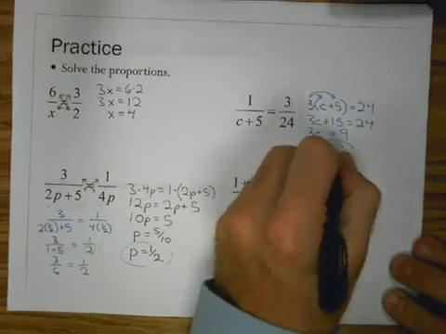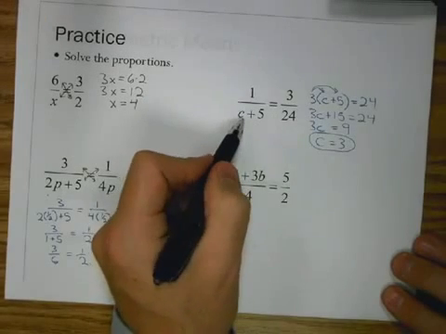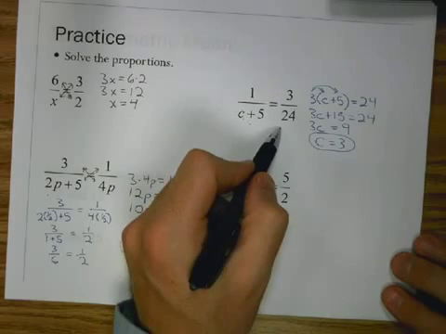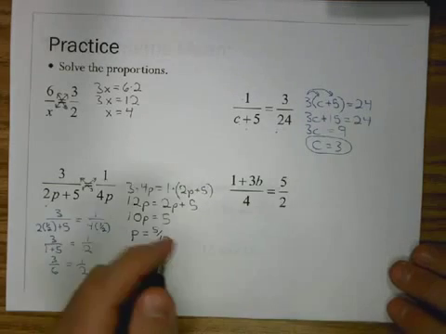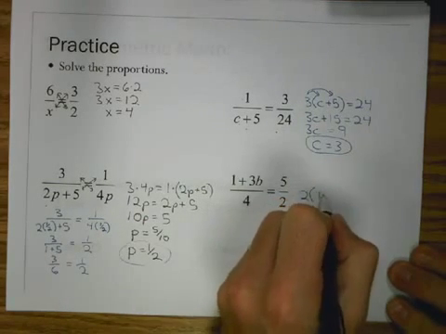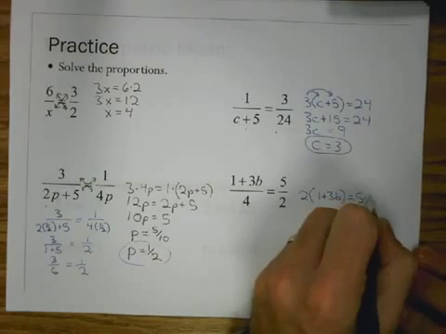I subtract 15 from both sides, and it looks like I have 9 left over, so 3c equals 9. And I get c equals 3. Quick check, if we plug this back in, we'd have 1 over 8. 1 over 8 and 3 over 24 would be equal fractions, particularly if I reduced that 3 over 24. And that's really the goal. Can we get equal fractions?